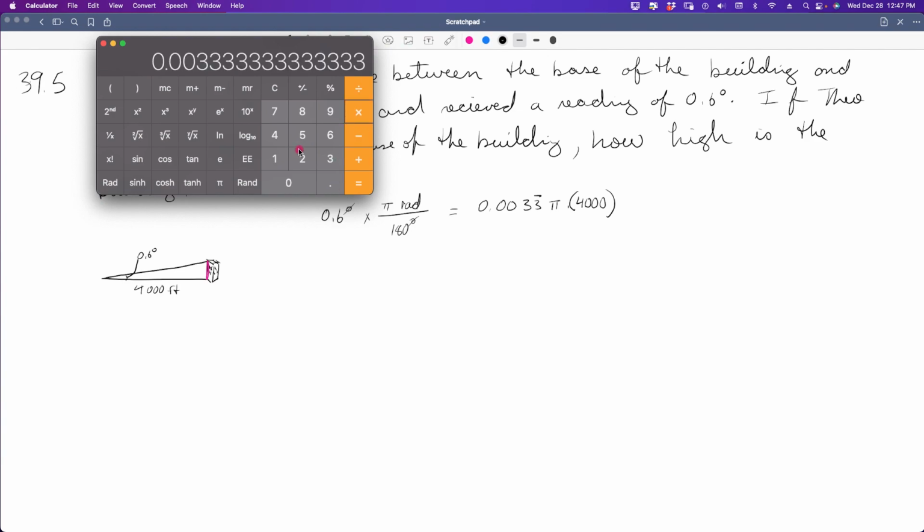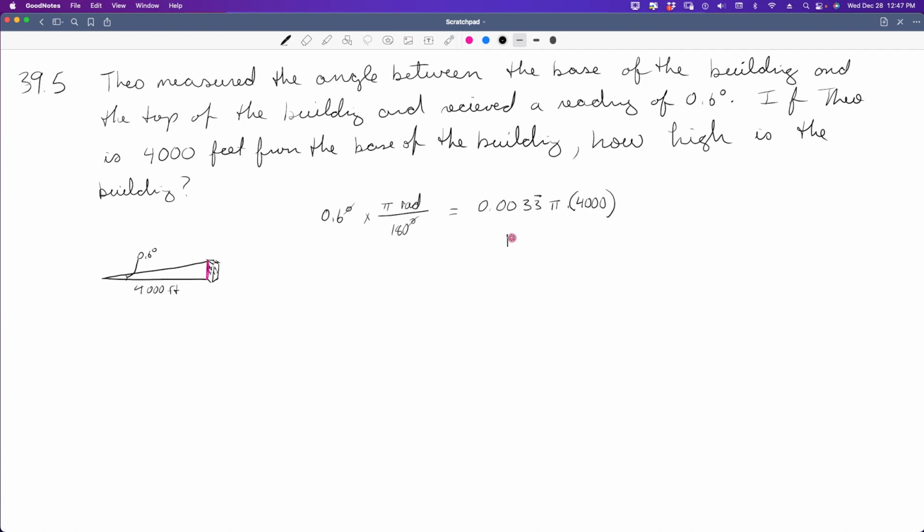So times 4,000. There's going to be 13.3 repeating times pi. Right, so then that would be 13.33, and we'll repeat the 3, times pi. And this is feet, because the unit of measure here was feet.